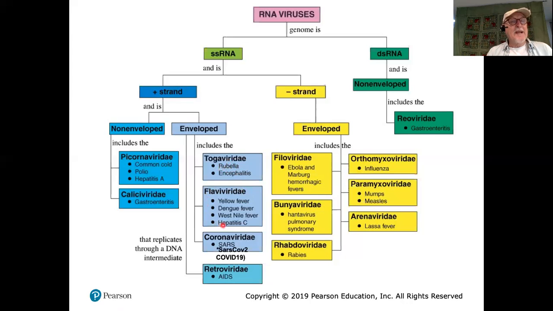This group here, the Flaviviruses, flavi means yellow, and they're easy to remember because one of the diseases that they cause is yellow fever. They cause this whole group of fevers here: yellow fever, dengue fever, West Nile fever, which have similar symptoms.